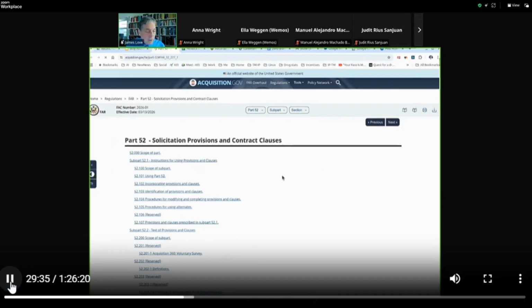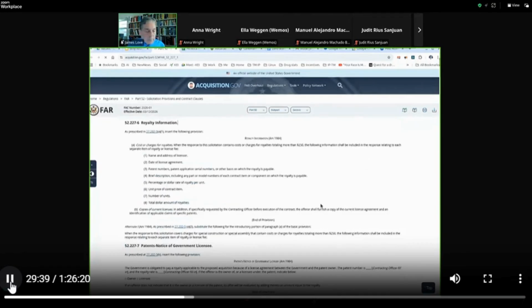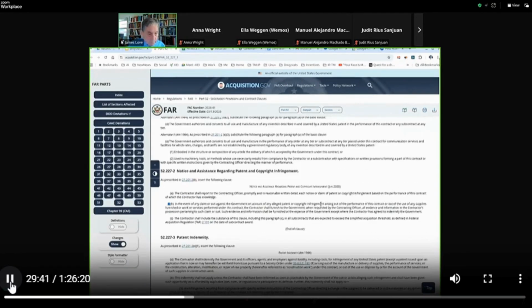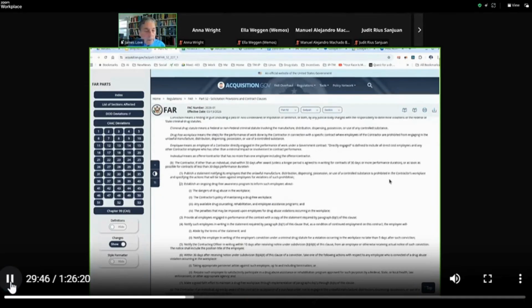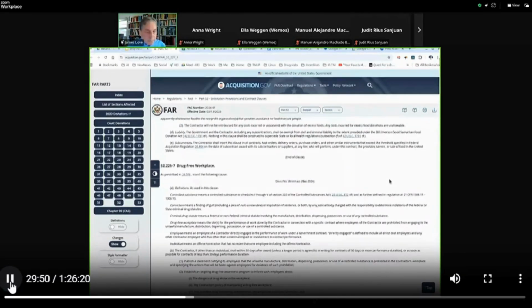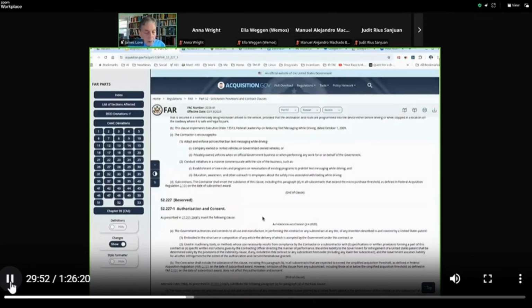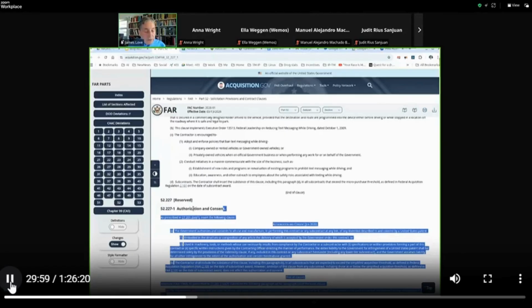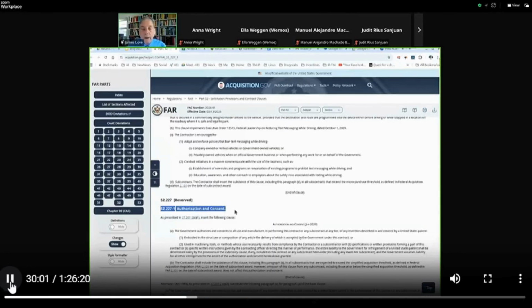There are these clauses in the Federal... I'm going to go to 2271. They have these clauses called authorization and consent. So if you make a reference in a contract to this authorization and consent, that's all you have to do in a contract, and I'll show you how that's been done.